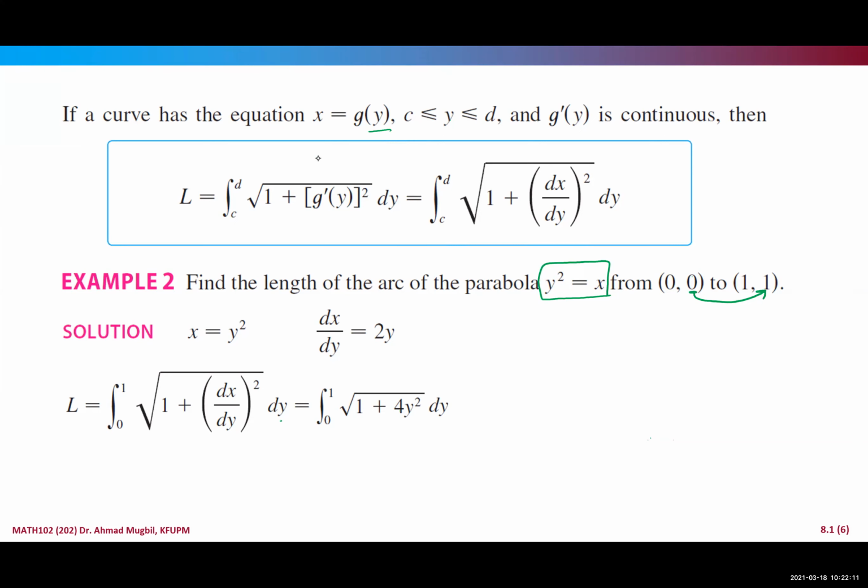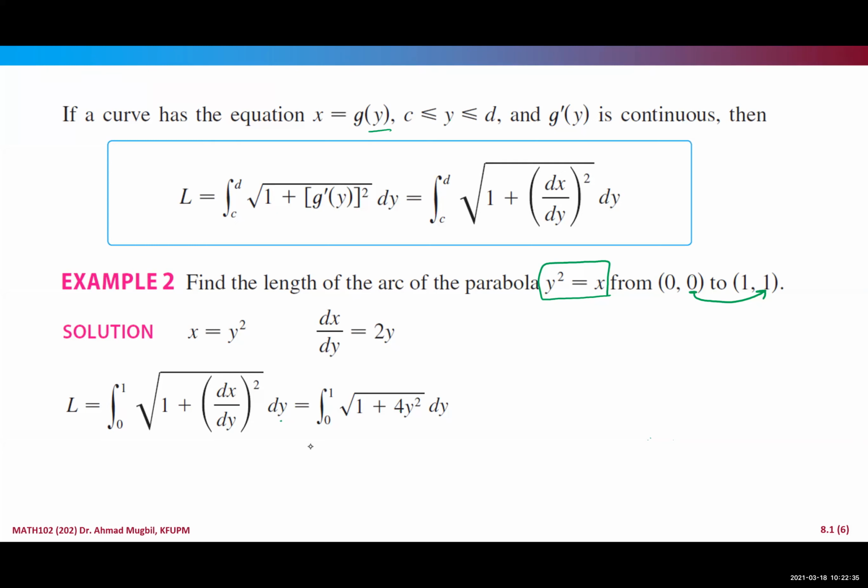Hamad al-Dial. How to find this integral, Hamad? Yes, mister. Yes, Hamad. How to evaluate this integral? You are one week, guys, from the exam. Is it we take a tan?